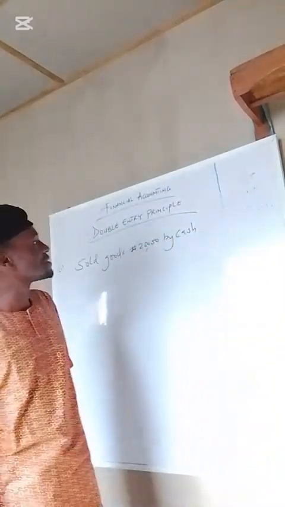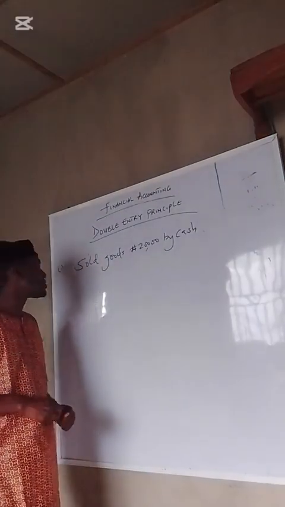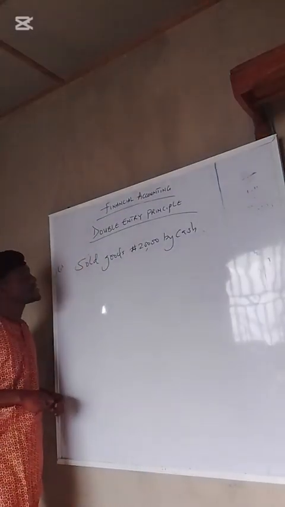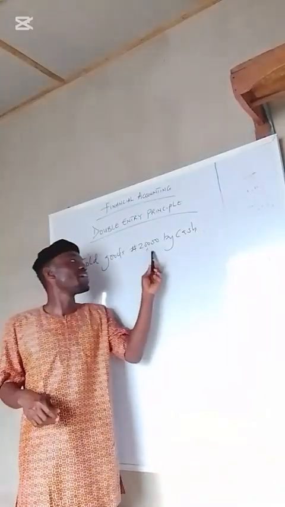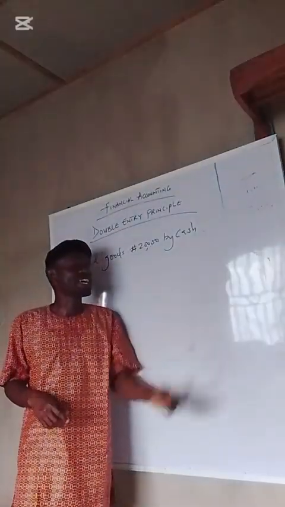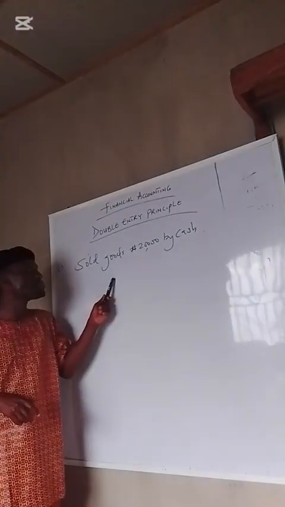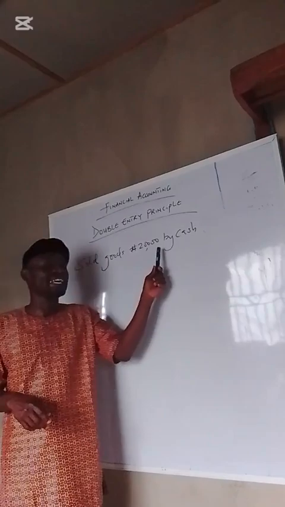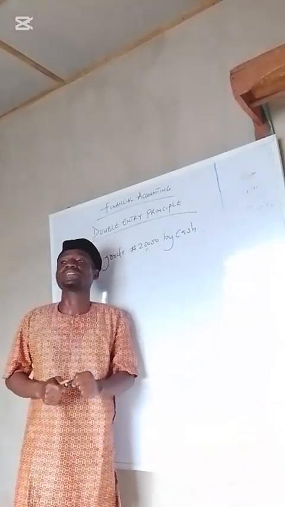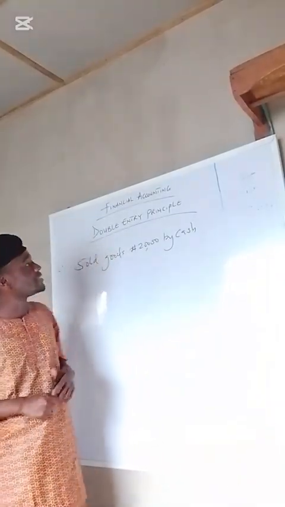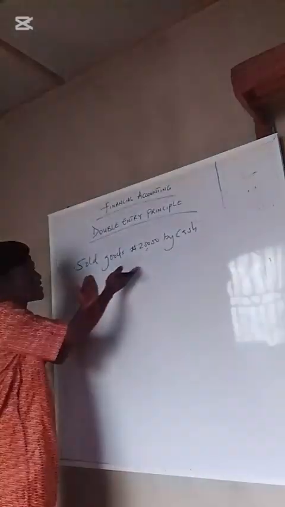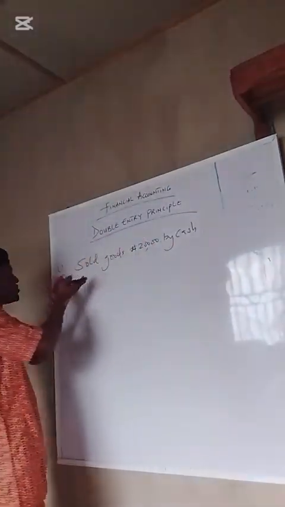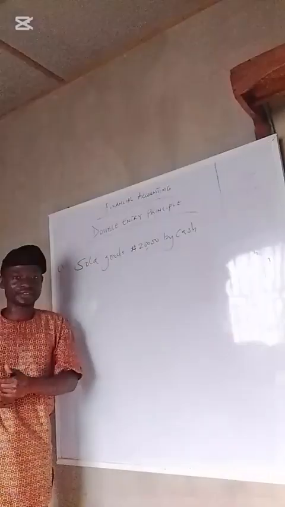Now let's look at this illustration on the board. The illustration says: sold goods 20,000 naira by cash. If you look at this illustration very well, this is what we call a business transaction. This is a transaction that has taken place.